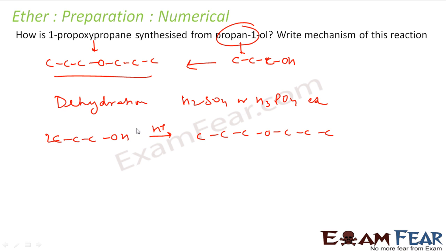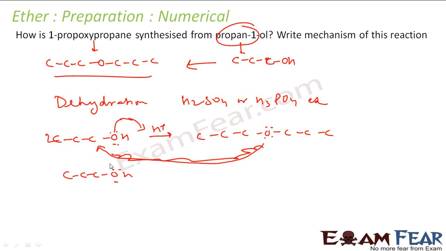Correct. The reaction mechanism, if you want, the lone pair on this O will attack this H plus, right? Protonation will happen, and then the other one here, this lone pair, will attack this carbon. Sorry, not this. One more I'll have right here. So this will attack this carbon.